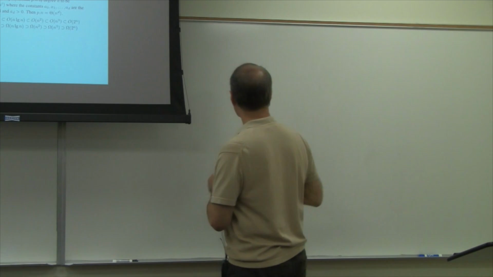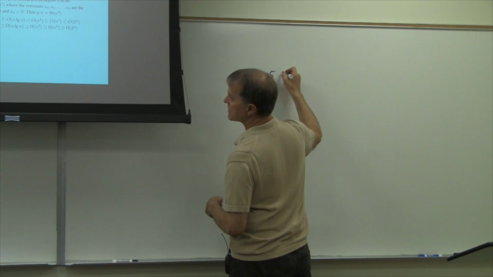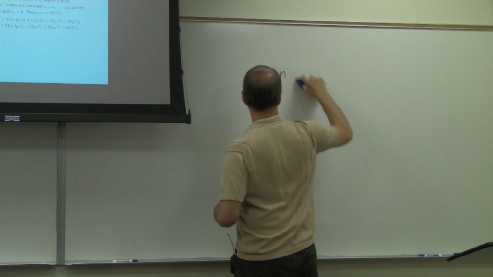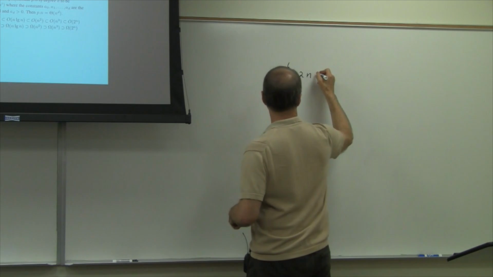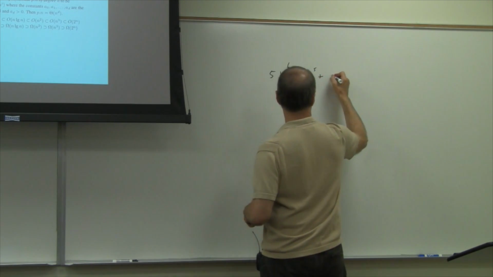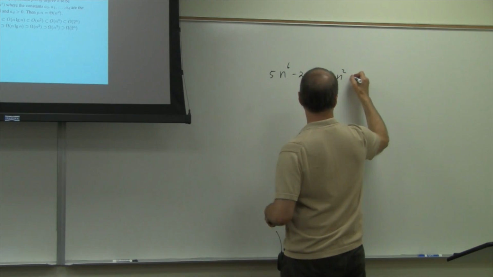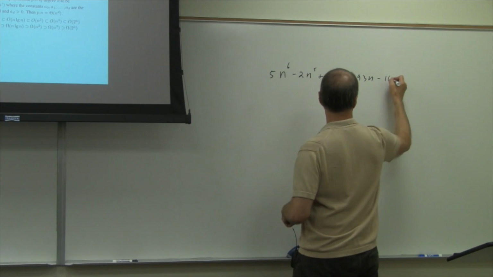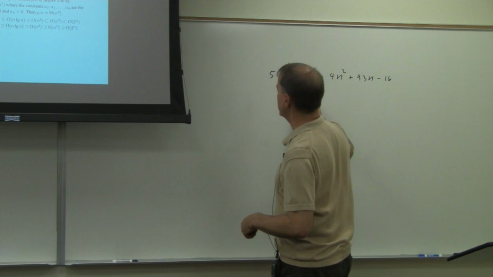So suppose it's like this, to give you an example: 5n to the 6th minus 2n to the 5th plus 4n squared plus 93n minus 16. I claim that this is an asymptotically positive polynomial.